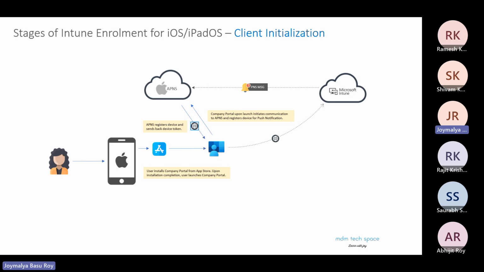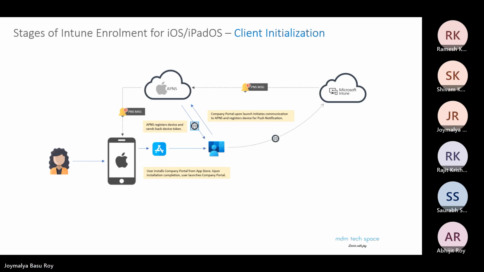Now, if without a token Intune goes to APNS and says I need to talk with this device, how will APNS know which device Intune wants to talk with? That is where this token comes in. It is device specific, and Intune presents this token to APNS, so APNS knows which device Intune is talking about. Right? So we are done with client initialization. This is all that happens in client initialization.